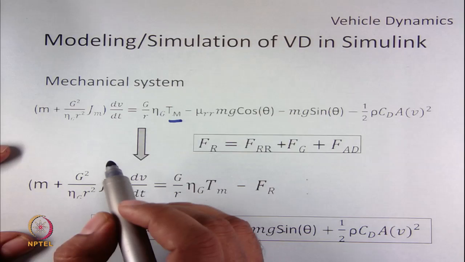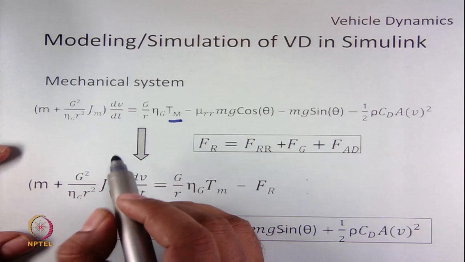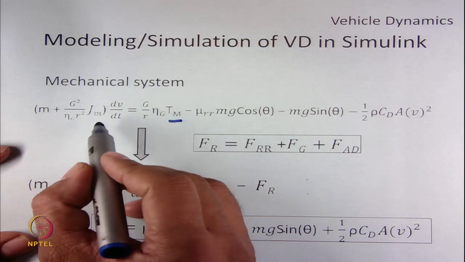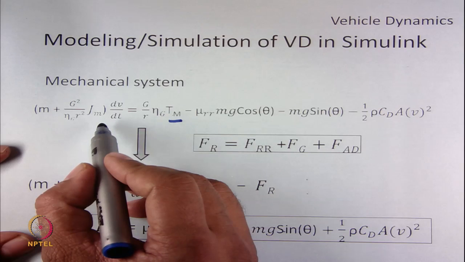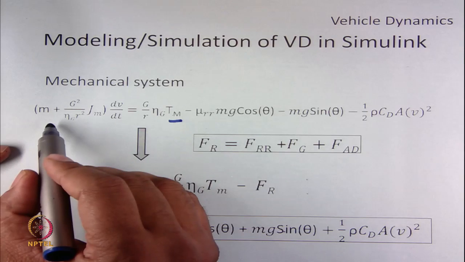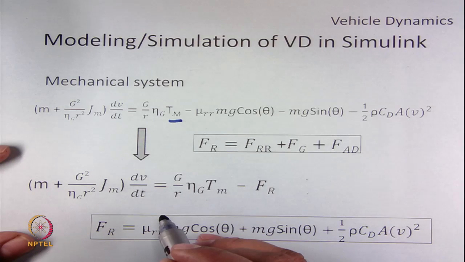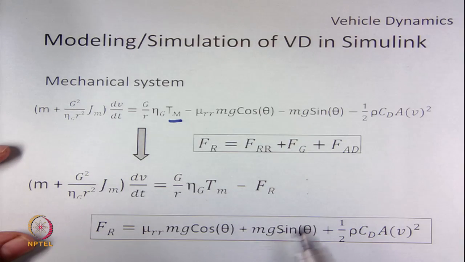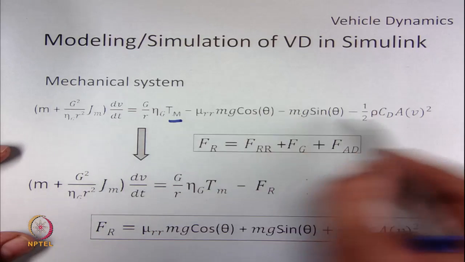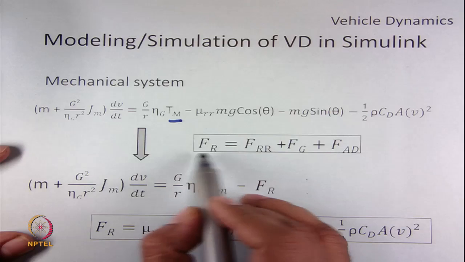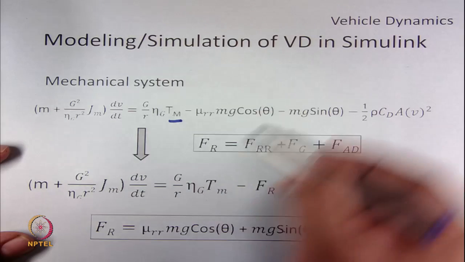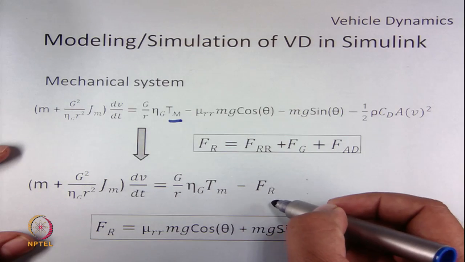If the vehicle needs to be accelerated, it also has to support the acceleration force, which is mass into dV by dt. If we substitute the resistive forces as Fr, we can rewrite this equation as this equation.